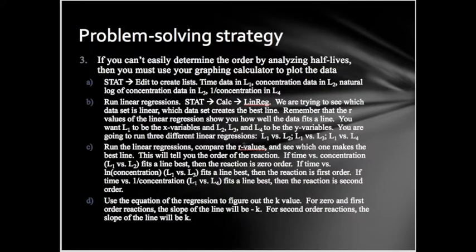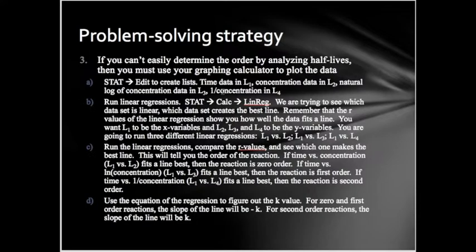So we're running these 3 different linear regressions, list 1 versus list 2, list 1 versus list 3, list 1 versus list 4. We are just taking our time and trying to fit it into a line, into a linear equation with concentration, natural log of concentration, 1 over concentration. Whichever one of those makes the best line, we know what the rate law is.